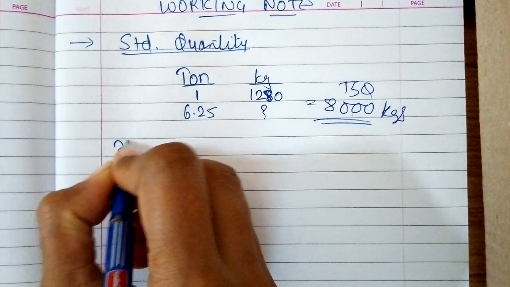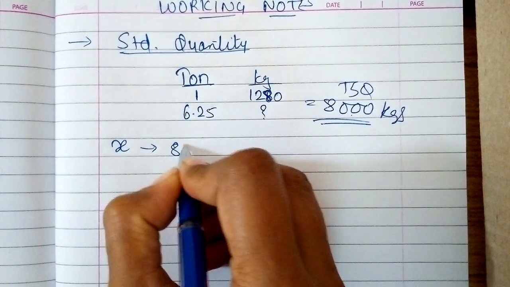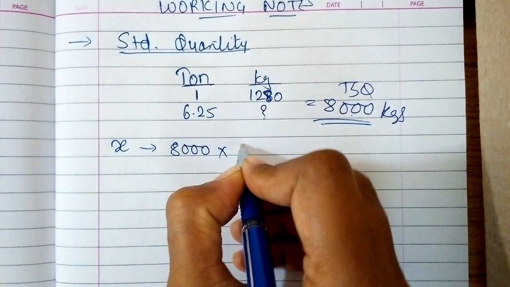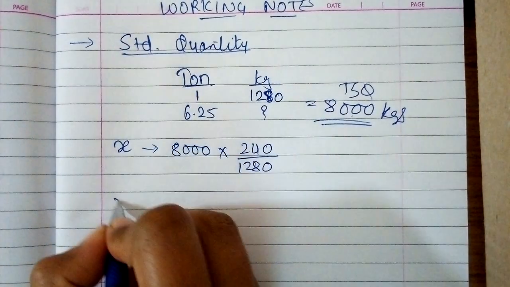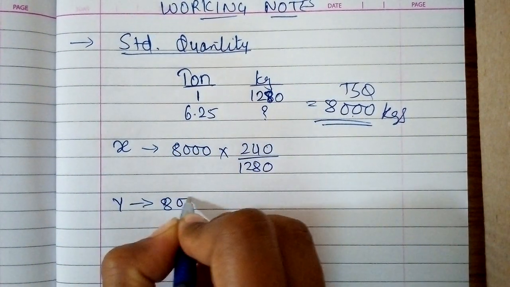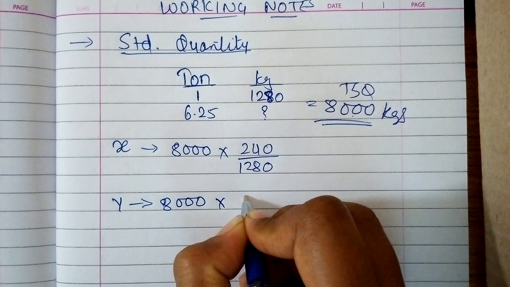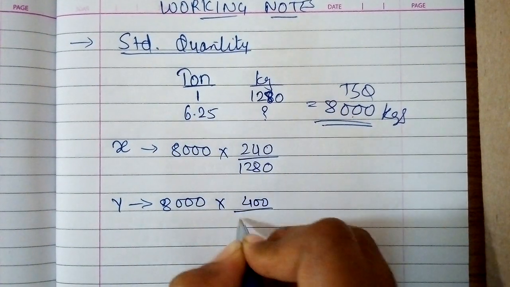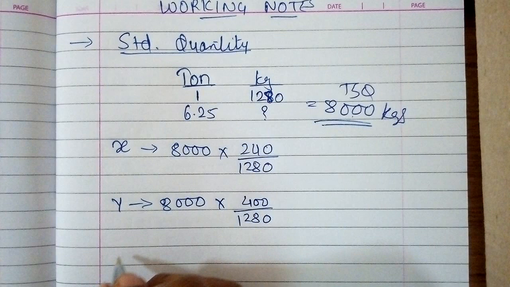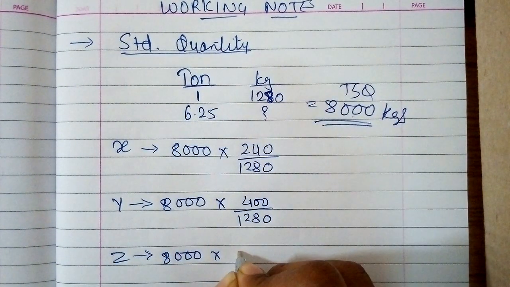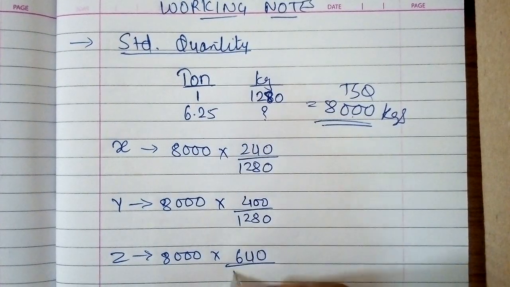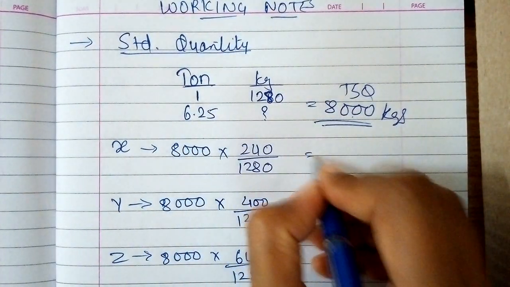So now for material X, 8,000 into 240 divided by 1280. For Y, 8,000 into 400 divided by 1280, and for Z, 8,000 into 640 divided by 1280.